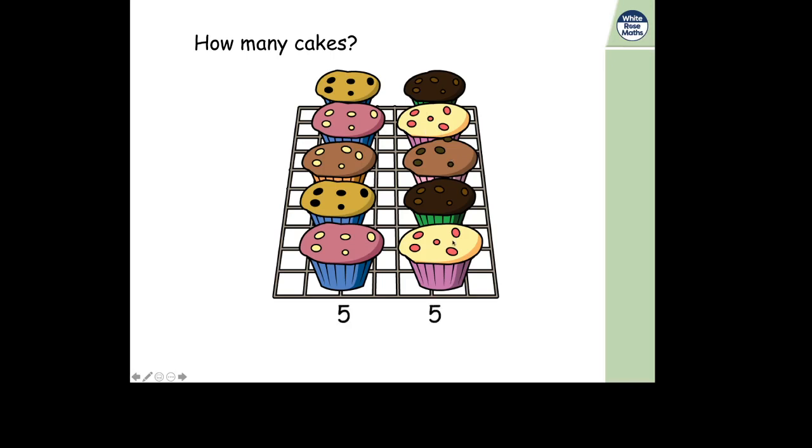Or we can do it as 2 groups of 5 and count in 5s. 5, 10. So that's the way we can use our arrays to help us find totals quickly. So if we put objects into arrays, then we can count in 2s, 5s, 10s. As you get older, you'll start to be thinking about counting in 3s and 4s, so you can make arrays using those.